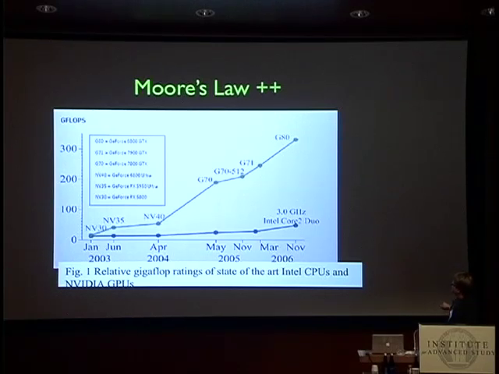It's 20% instead of 50% increase year on year, so it's not quite as large as Moore's law like I just showed you, right? But this is the improvement that you're all used to getting, and on this curve it looks positively dull next to the performance improvements that are coming about on graphics processors.